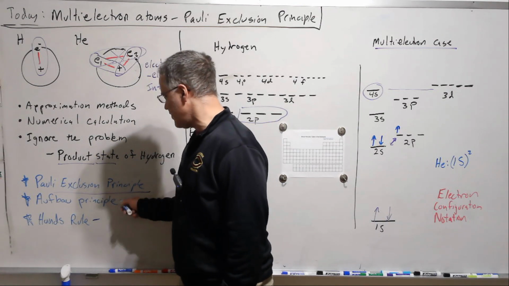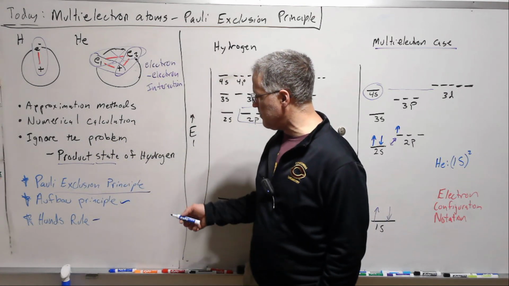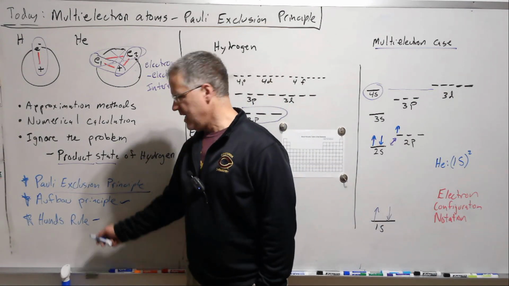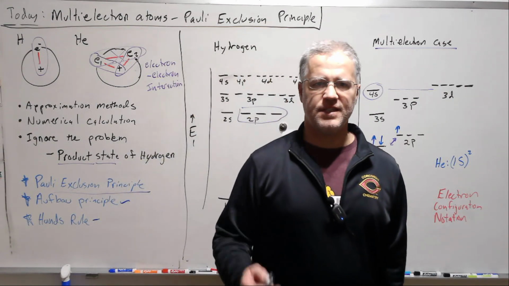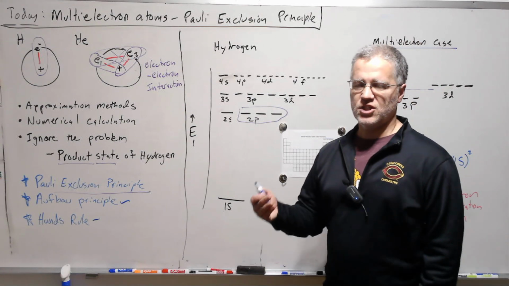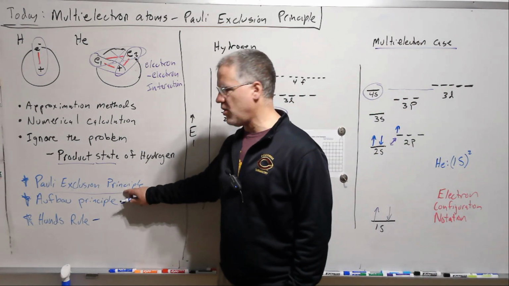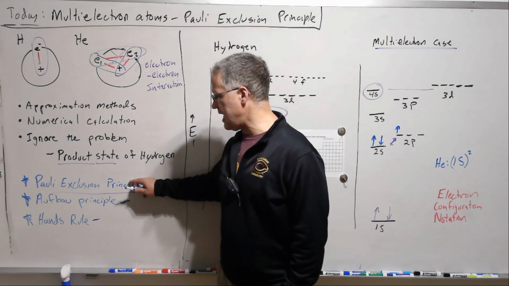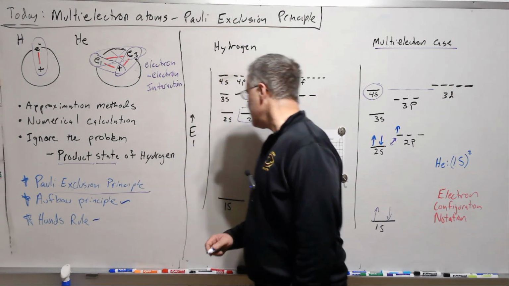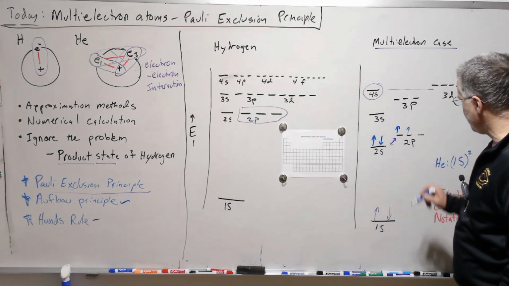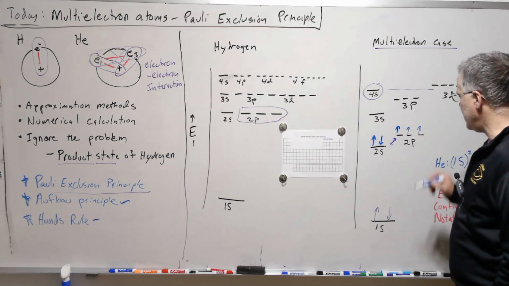So we're using Aufbau to build up, Pauli Exclusion Principle to make sure no two electrons are in the same state. And now we use Hund's rule that says, if possible, the spins want to align, but this will never violate the Pauli Exclusion Principle. So this is an absolute principle here. So we can do that here. We can have another electron go here, and another electron go here.